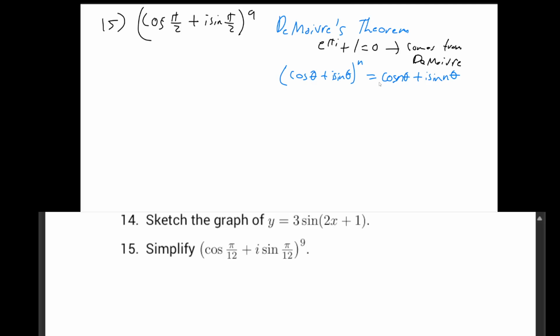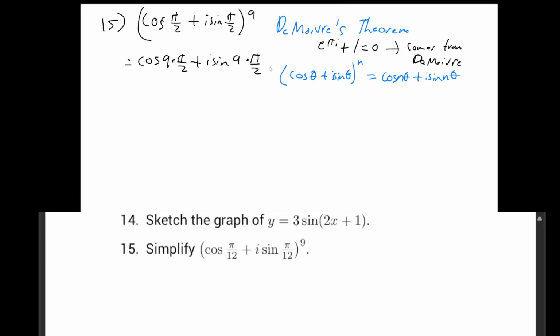So, knowing de Moivre's theorem, we could say that n is 9, right? n is 9. So then, in this case, this would equal, using de Moivre's theorem, cosine of 9 times pi over 2 plus i sine of 9 times pi over 2.